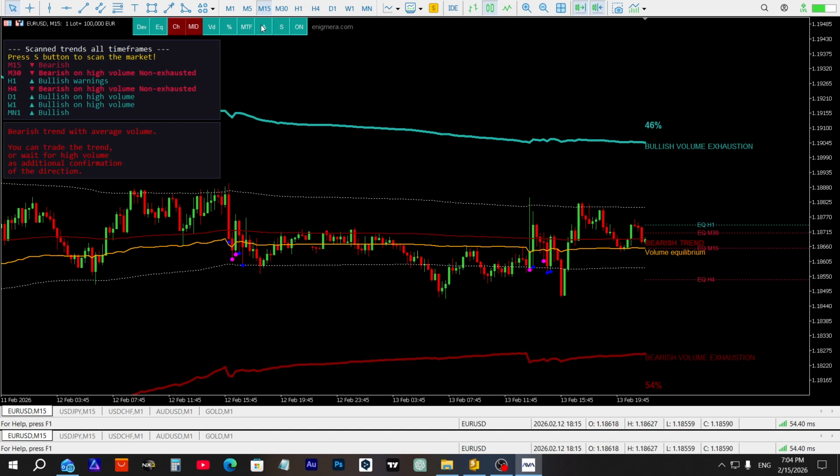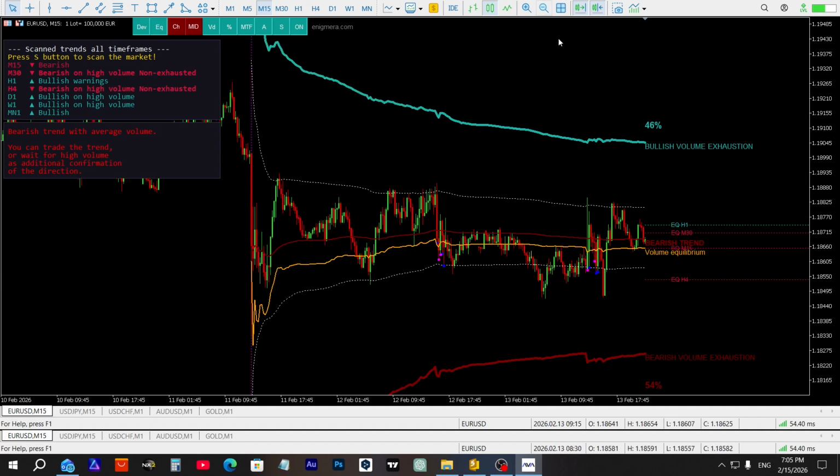The same situation here. So the warning here, no, we got no warning. The information we receive from the analysis is that this is bearish trend with average volume. Why average? Because we got no extra big volume on one of these sides of the market, nor bullish nor bearish.